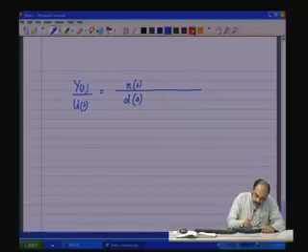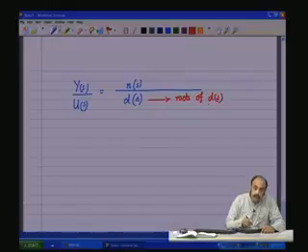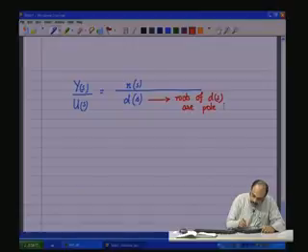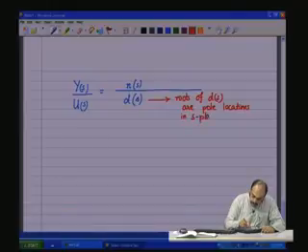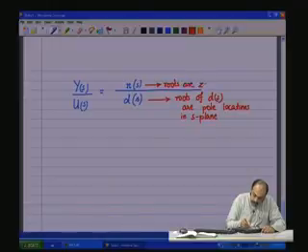Now, the roots of the denominator are pole locations in the S plane. The roots of the numerator are 0 locations.